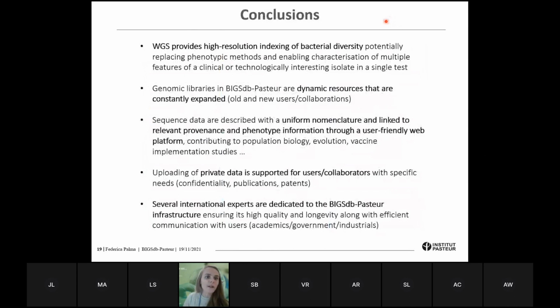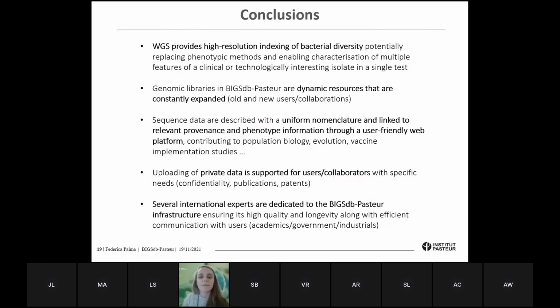So to conclude, it is clear that WGS approaches provide a number of practical advantages in addition to their inherent high resolution and comparability of nomenclature, and with the indexing of bacterial diversity.